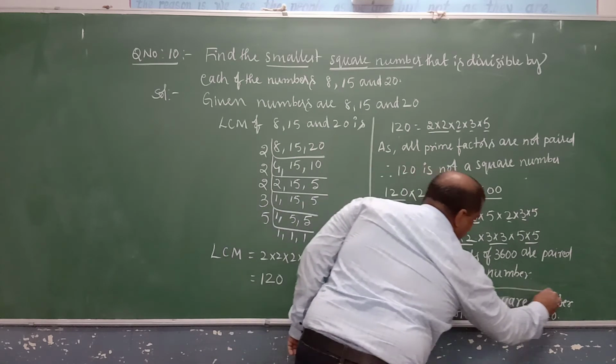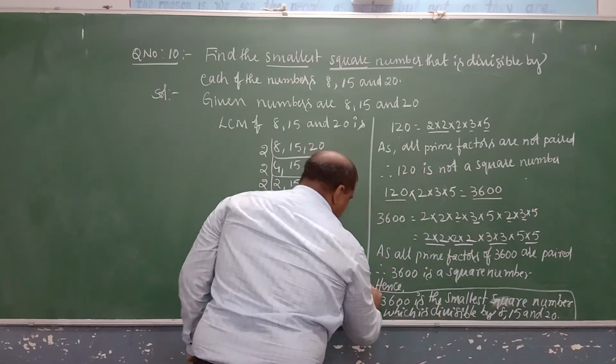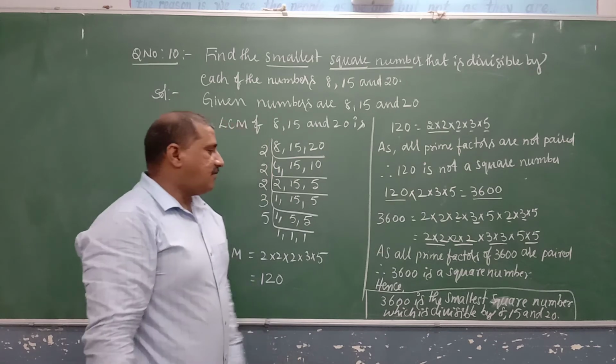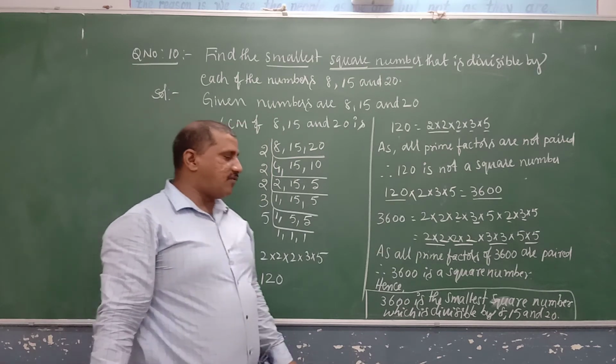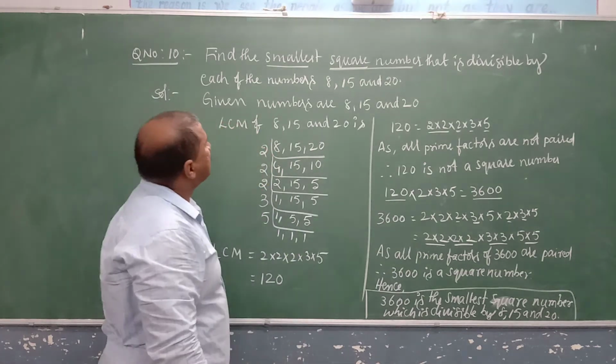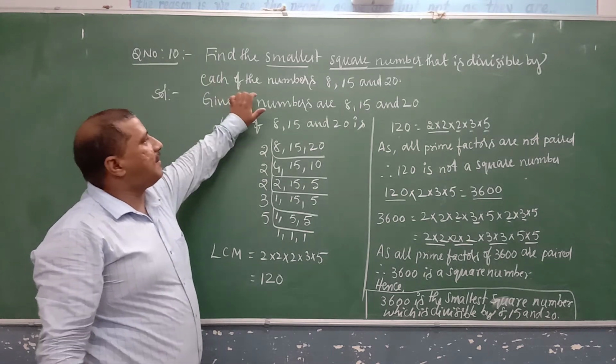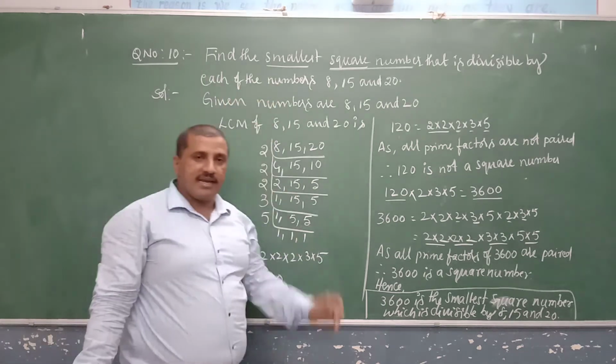So as 3600 is a square number and it is the least number which is divisible by 8, 15 and 20, like this we will find the smallest square number which is divisible by the given numbers.